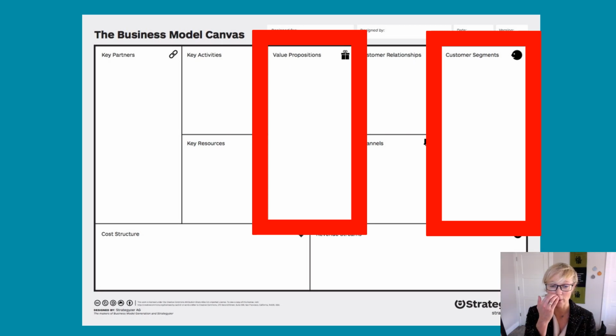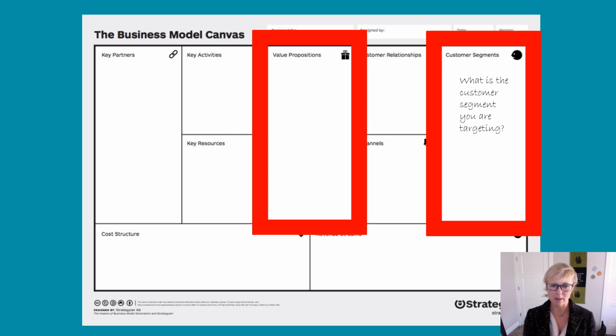One of your readings for this module will expand on this a little bit, but I thought I'd take some time to explain and walk you through the canvas so that it can be most useful to you. So we'll start here with the customer segments. You will have already done this work on your value proposition canvas to fill in this area.